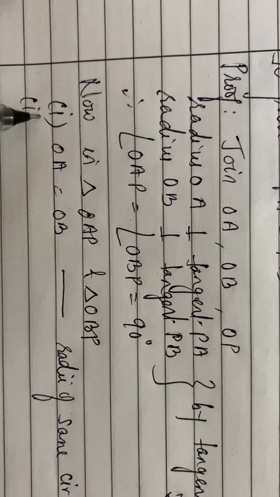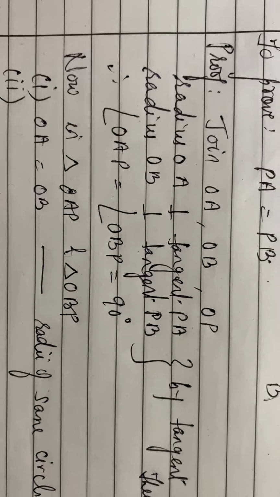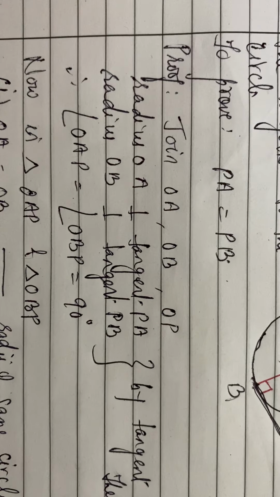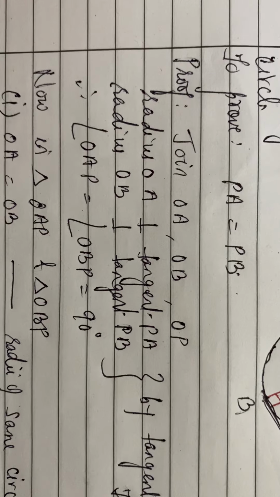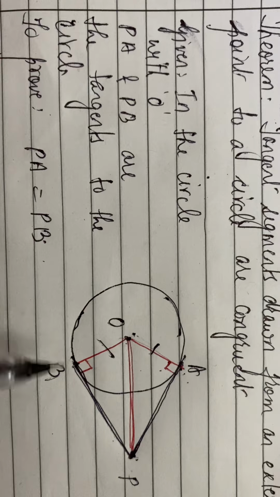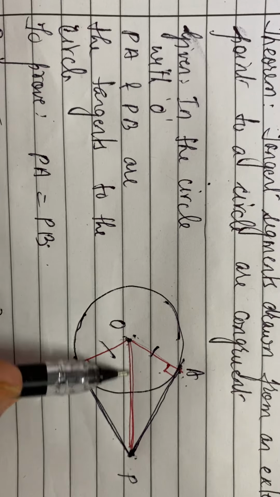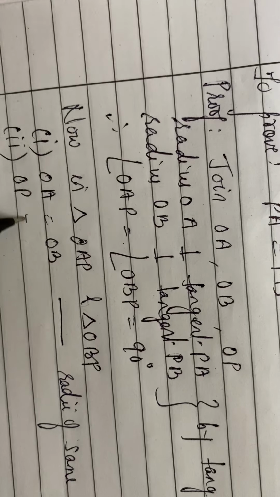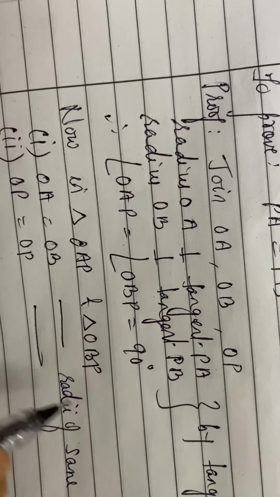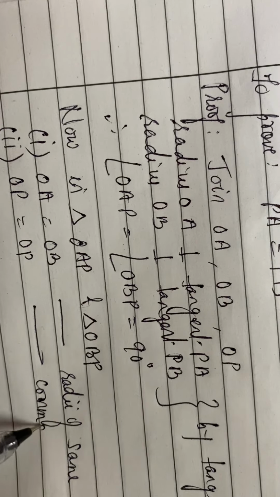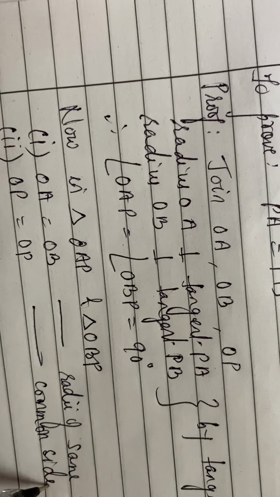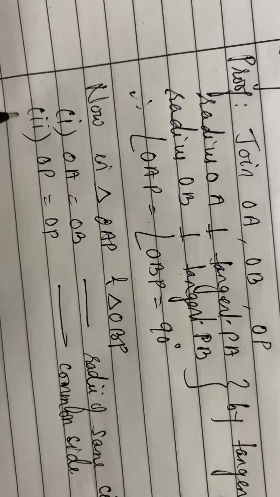Then the second condition, to prove two triangles congruent, students, you need three conditions. So out of the three we got one. The second one that we'll go for is the common side. OP is the common side for the two triangles. So OP is equal to OP. We write the reason, common side. Now we are left out with the third condition.